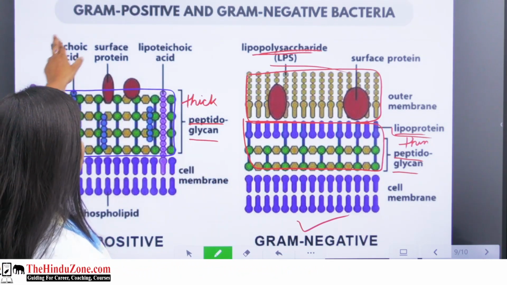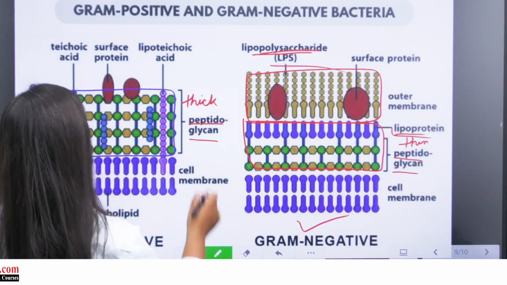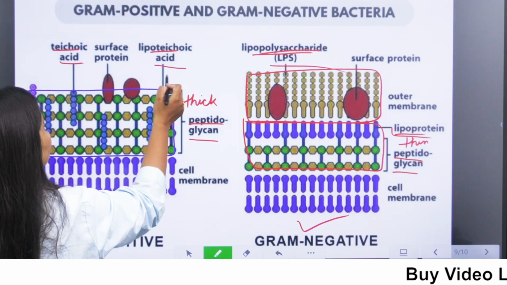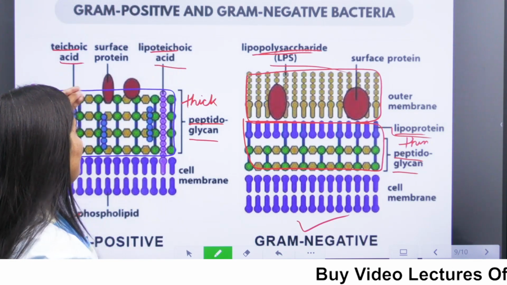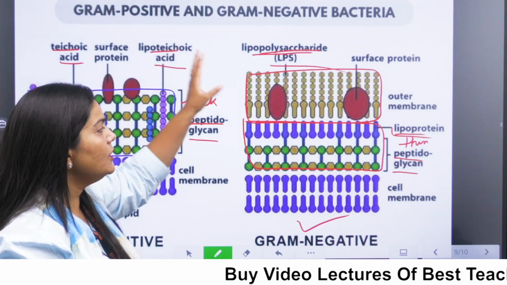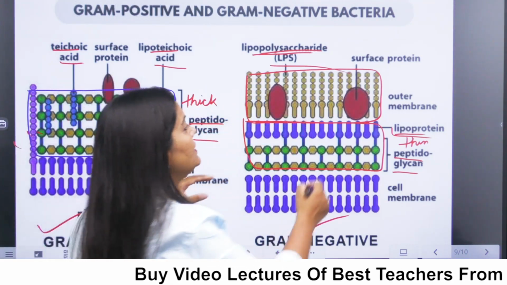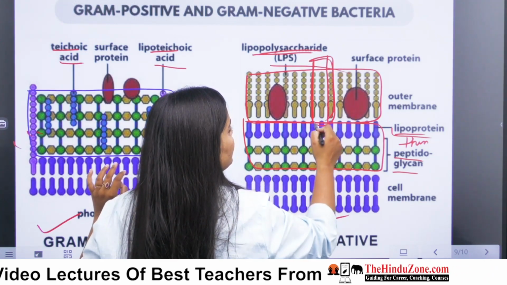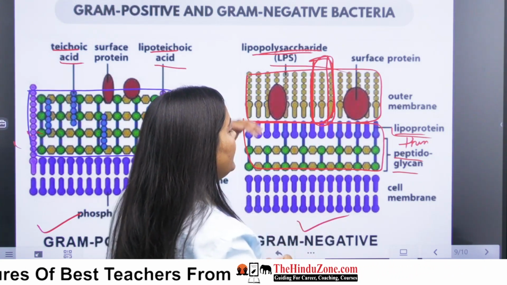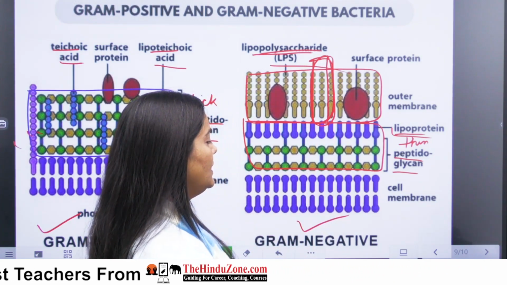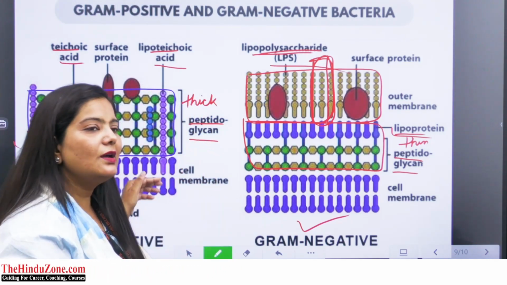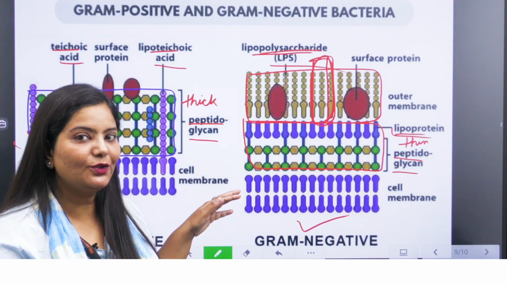The gram positive cells can also have some teichoic acids or lipoteichoic acids present, along with some surface proteins. Apart from this, some porins are also present in gram negative cells, which provide inward nutrient intake. These gram negative, as I said, are more pathogenic.